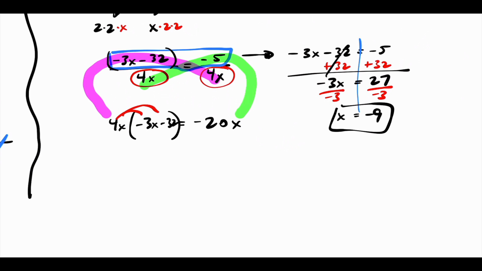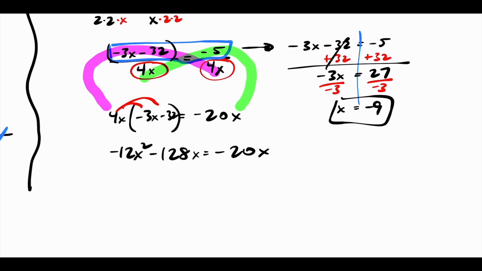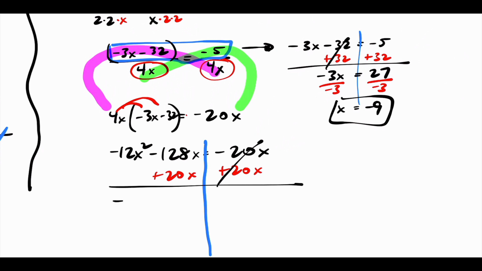So you do distributive property, and you get -12x squared minus 128x equals -20x. I'm going to add 20x to both sides. -12x squared, and this would be a -108x.